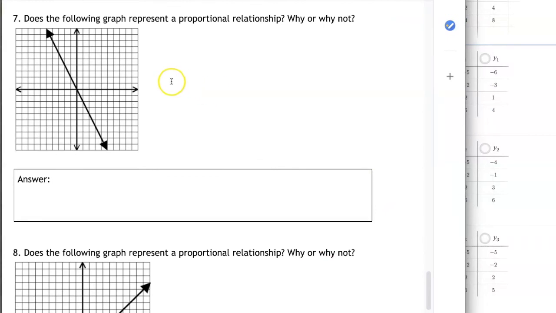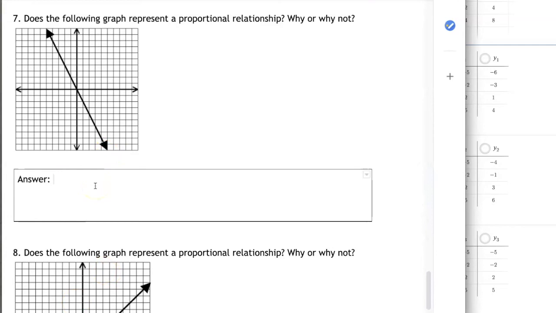Does the following graph represent a proportional relationship? Why or why not? Well, it is a straight line through 0, but we normally don't see proportional relationships represented as a negative line, because when we're talking about proportional relationships, we're usually talking about things in real life. And so normally we don't talk about them as negatives.